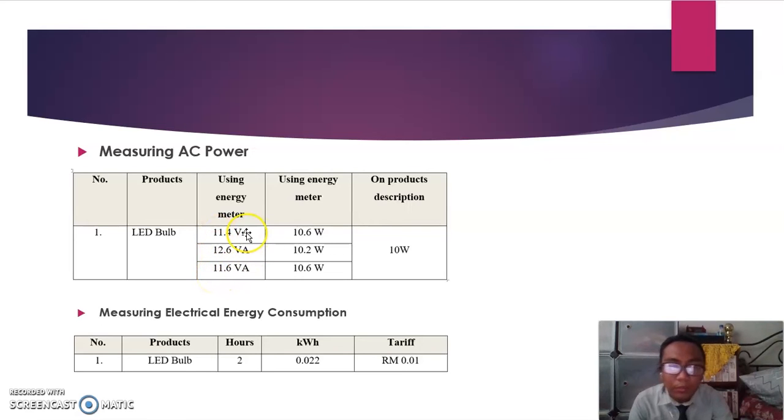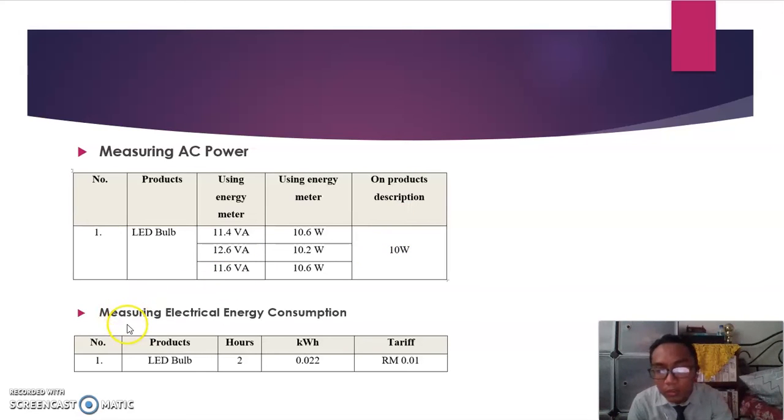This is the apparent power for this measurement, and the real power for this measurement is 10.6 watt, 10.2 watt, and 10.6 watt. It shows that there is not much difference between using the energy meter and the product description.